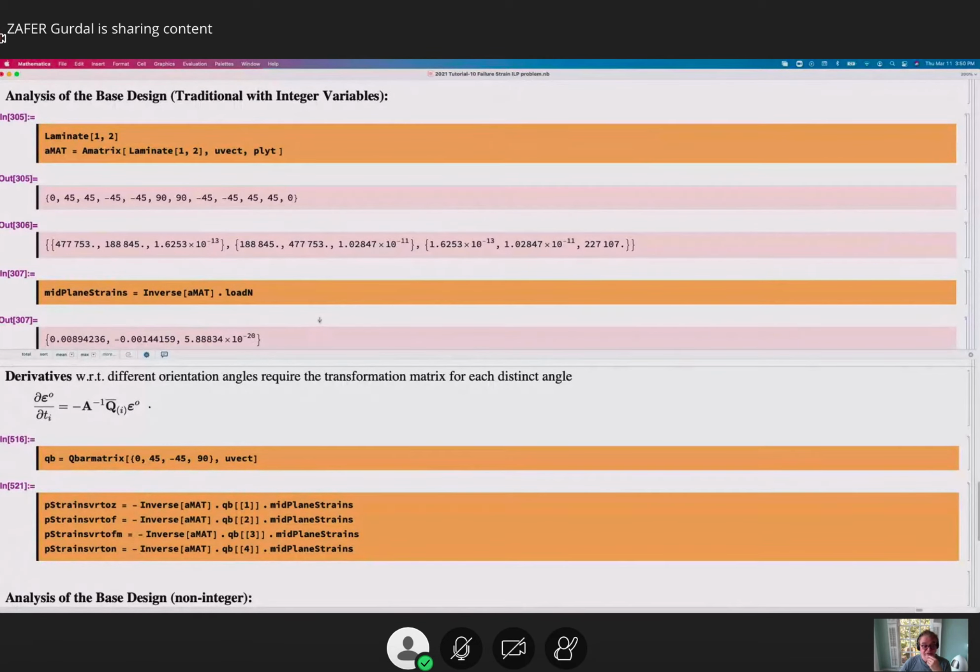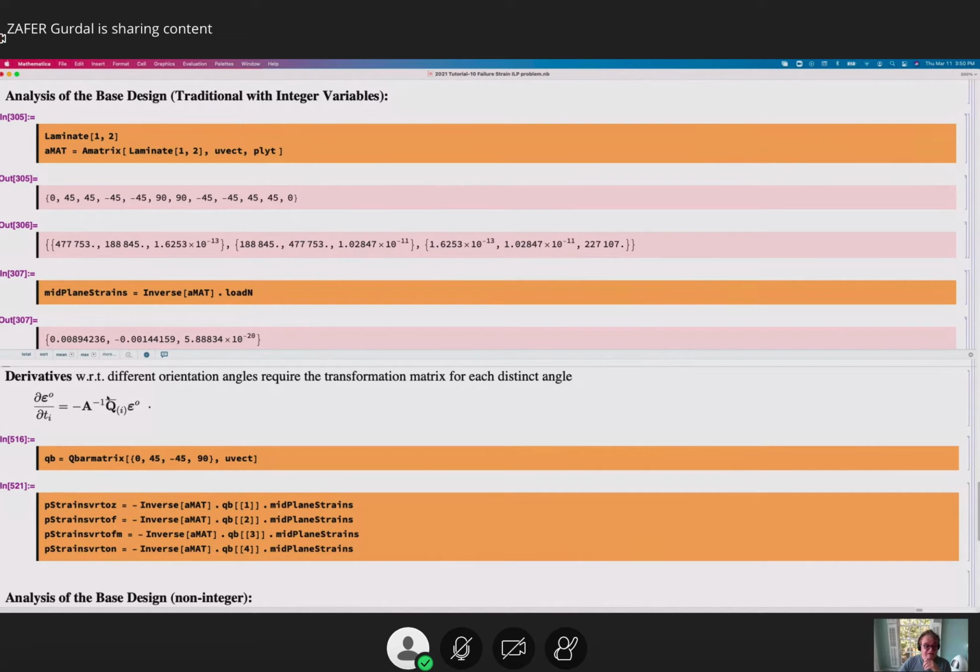My derivative equation says if I want the derivative of the midplane strains with respect to a particular orientation angle, then you take the inverse of A matrix with a minus sign in front of it, and multiply it by the Q bar matrix of that orientation that you're trying to compute the derivative, multiplied with epsilon super 0, which is the midplane strains.